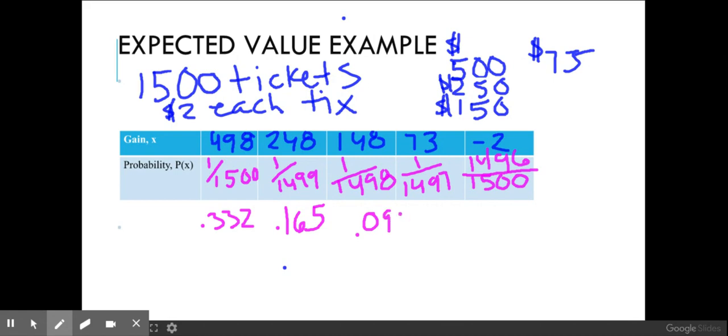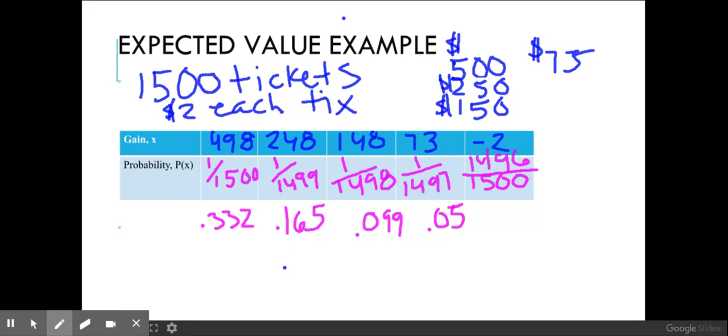Next, 148 times 1 over 1,498, so this is 0.099. Then 1 divided by 1,497 times 73 is 0.05.